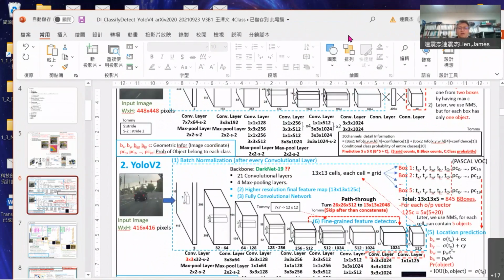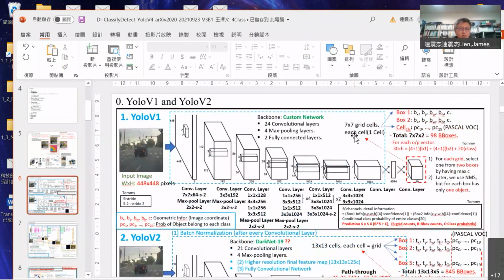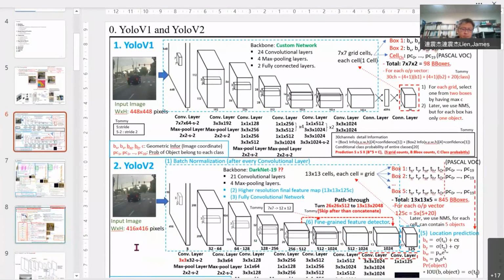Don't know why it cannot move up. So we talk about YOLO V1, this one.